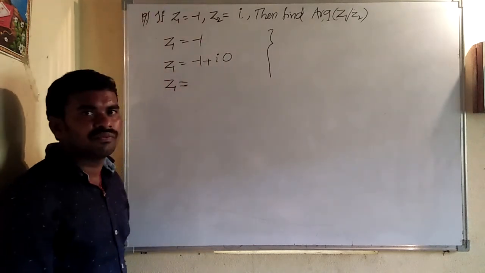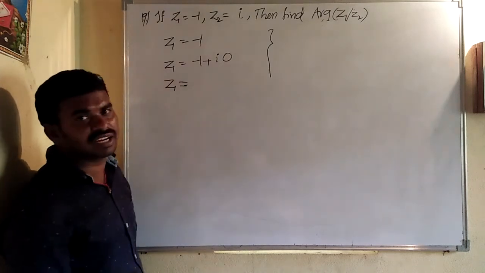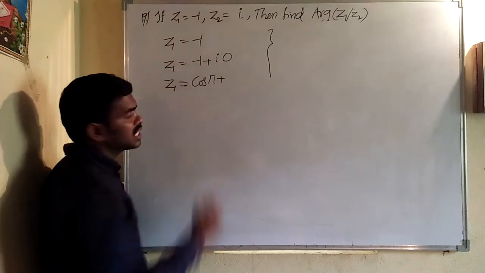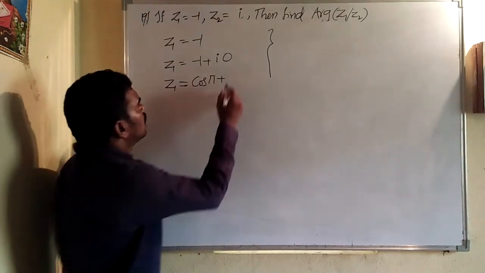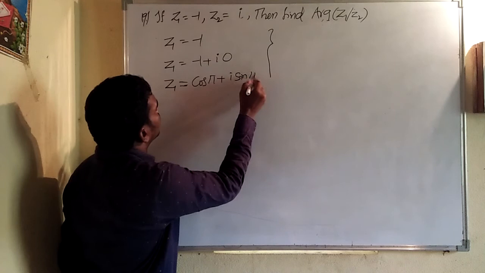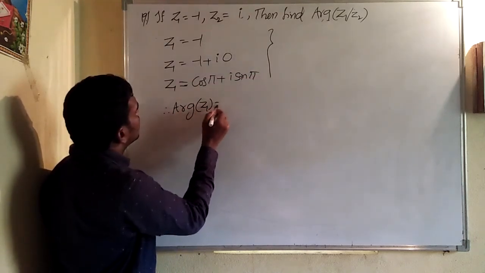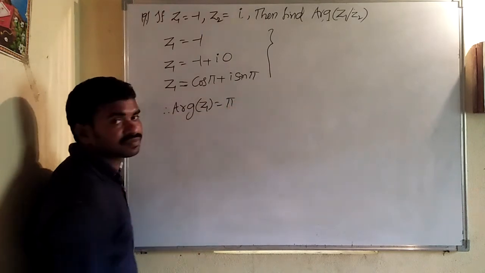Whenever the R value becomes 1, we can write the polar form directly. So minus 1 means cos pi, cos 180 degrees, value minus 1, plus I into sin pi. So argument Z1 equals theta, that is pi.